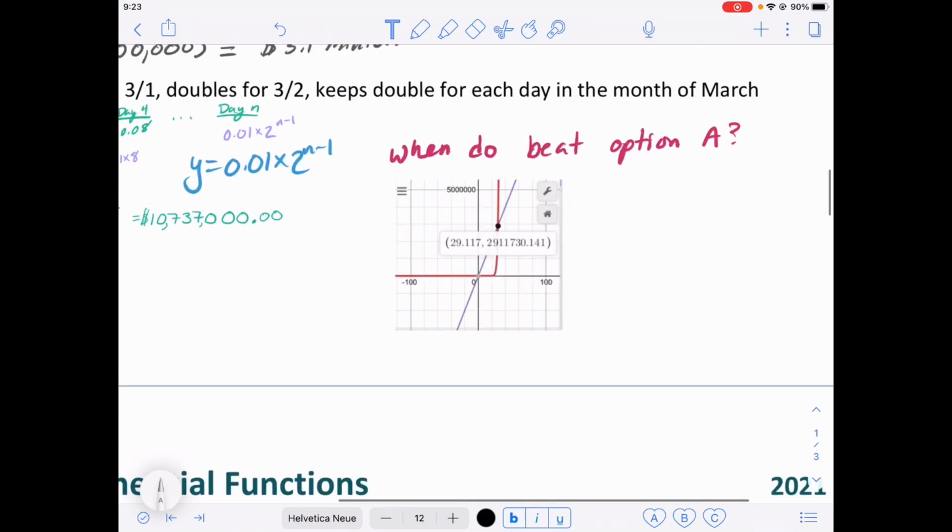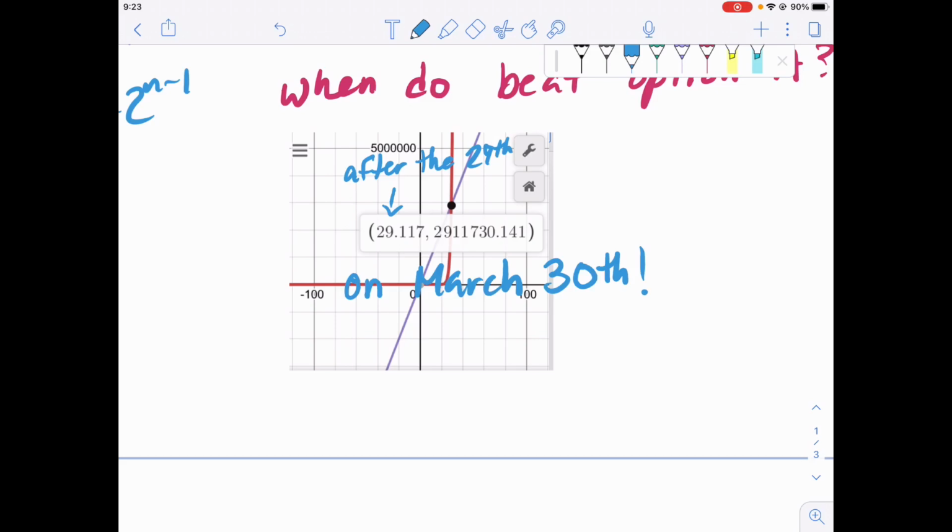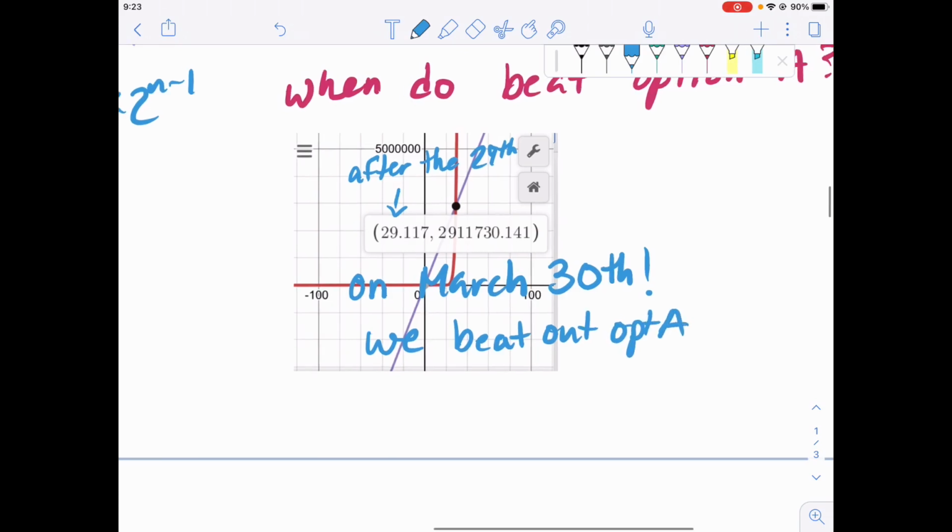So what this means is after the 29th day, so that would be on March 30th, we beat out option A, right?